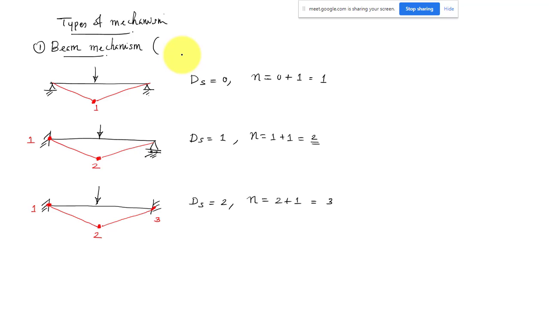So I will write one sentence: all the loaded spans behave as a beam. We'll take each span individually, one by one, and analyze it. We'll find out how much load is required to cause the collapse in that span separately. As all the loaded spans behave as a beam, this is the beam mechanism.